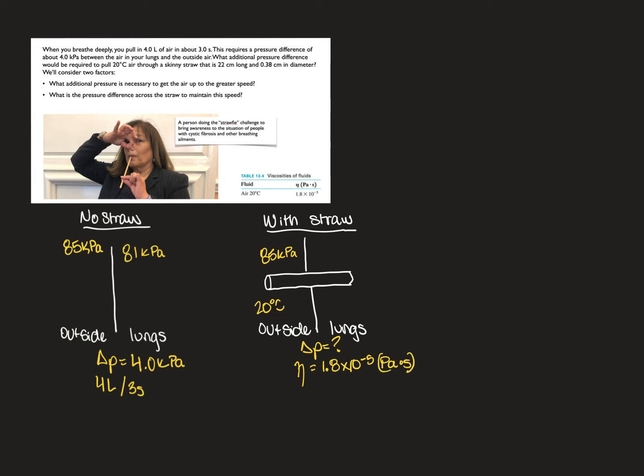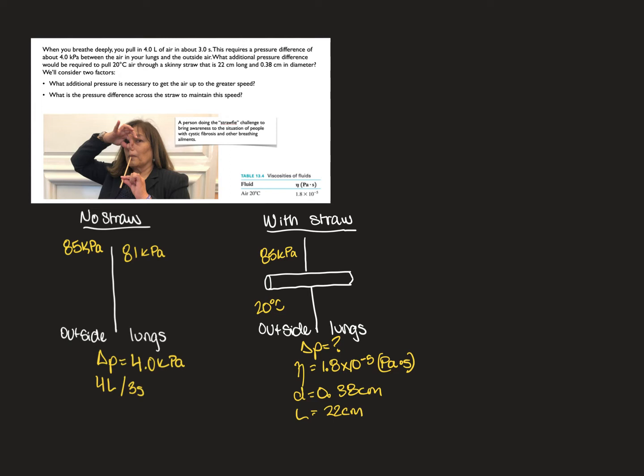And we know that the diameter of the tube is 0.38 centimeters, and the length of the tube is 22 centimeters. We want to find what the pressure differential is.